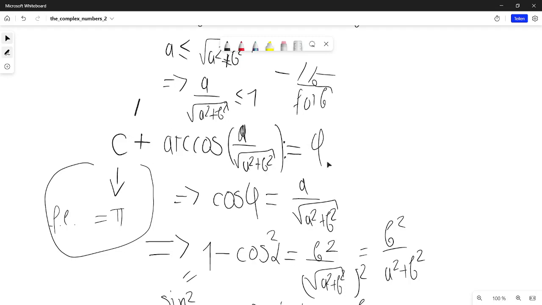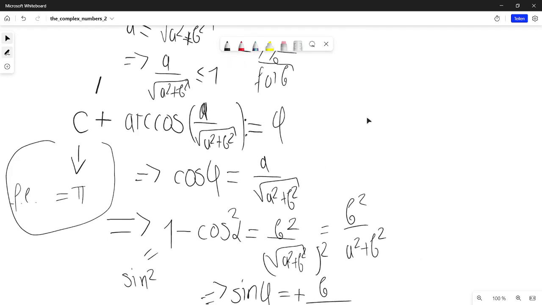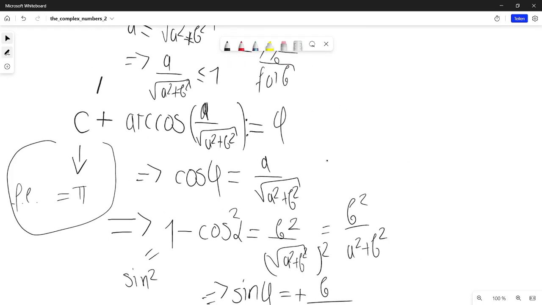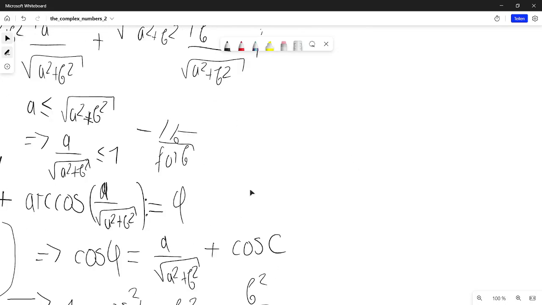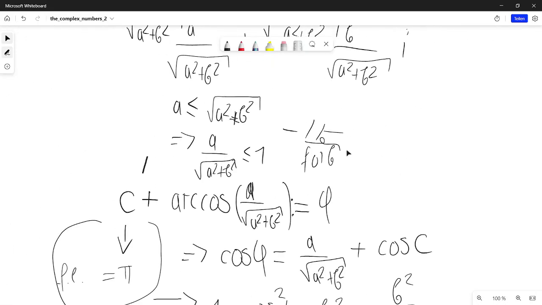Here also could be some plus minus 1, some cosine phi plus some cosine c, and so that could be something like that. We would have considered the situation, right?